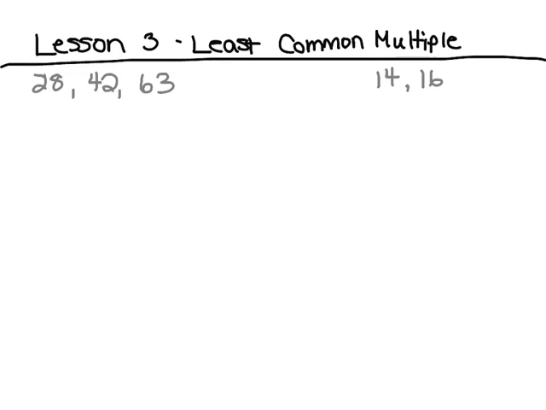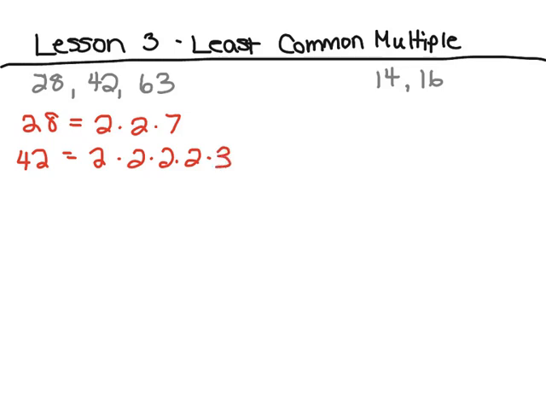For the next example, we have 28, 42, and 63. So using your calculator, I want you to find the prime factorization of 28, 42, and 63. So pause the video and find those prime factorizations. Okay, so when you're done, you should get 28 equals 2 times 2 times 7. 42 is equal to 2 times 3 times 7, and I meant to say 42.